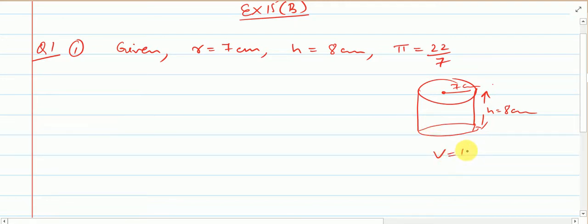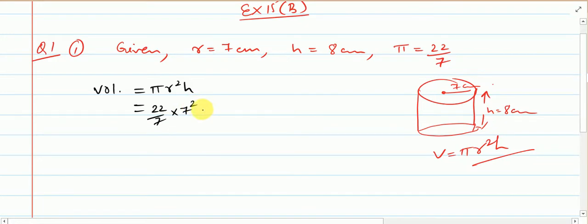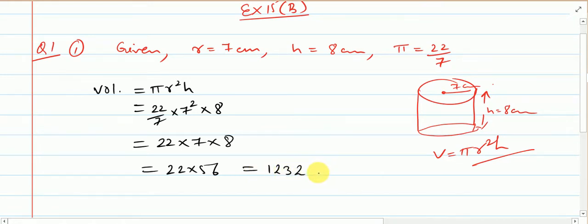Volume is given by pi r square h. So volume equal to pi r square h. Substitute the values, 22 by 7, 7 square into 8. So you get 22 into 7 into 8, 22 into 56, and you multiply this and you will get 1232 centimeter cube.